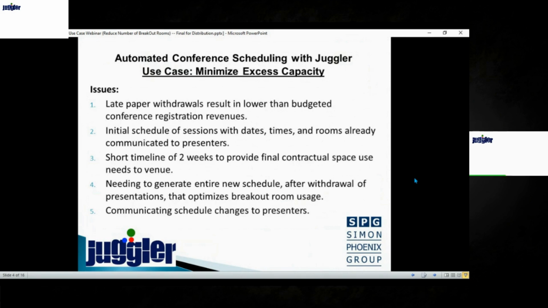And then, of course, the organization had already communicated an initial schedule. Now there was a need to communicate a new schedule to presenters. So time's running out, the clock's ticking. The conference is going to be happening in a couple of months, and there's still lots going on behind the scenes.